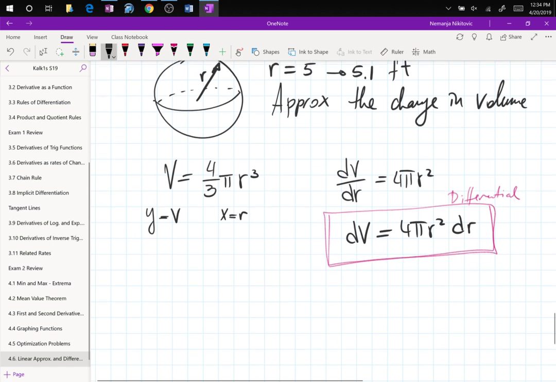That's your differential. And now I have all of these. I know that dr is the same as delta r, which is 5.1 minus 5 equals 0.1.